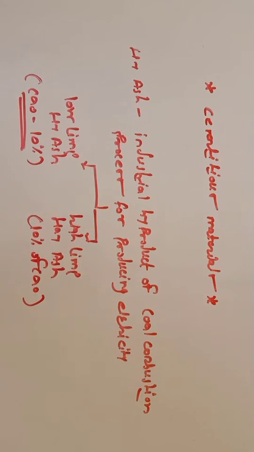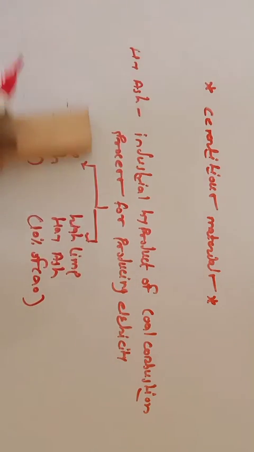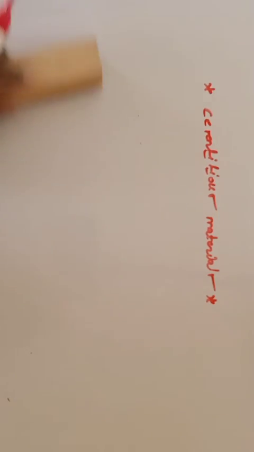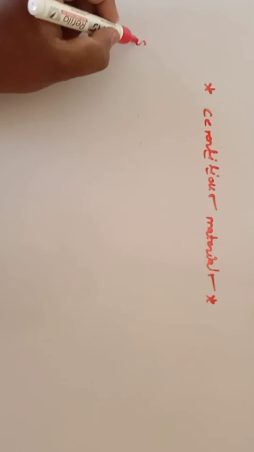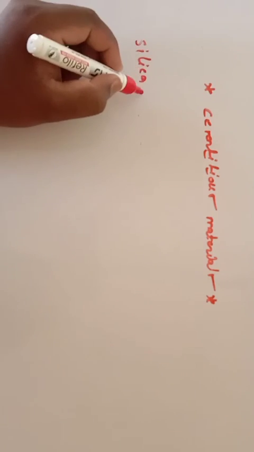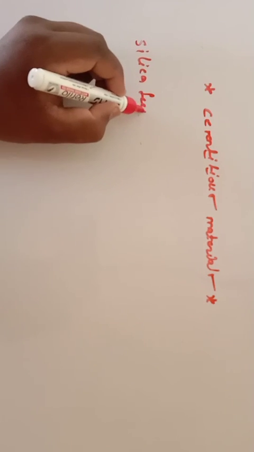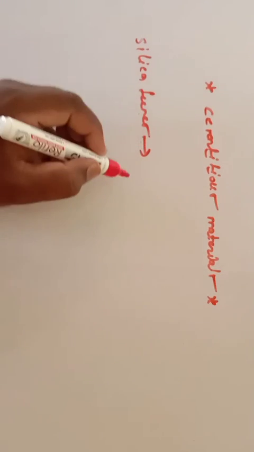The second pozzolanic material, or inorganic material, or blended material, is silica fumes. So what is this silica fumes?